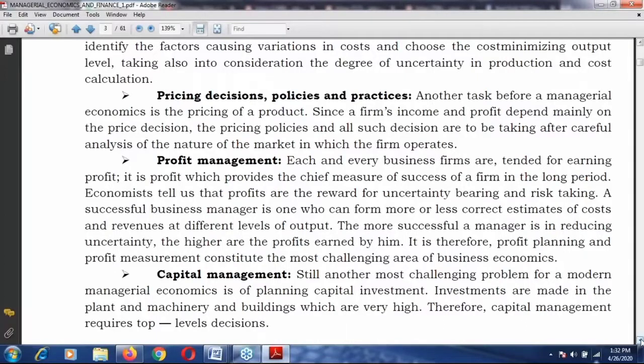When we talk of the trend projection method, the future sales are based on the past sales record. Under the trend projection method, demand is estimated on the basis of analysis of the past data. And this method makes use of time series, that is the data over a period of time.